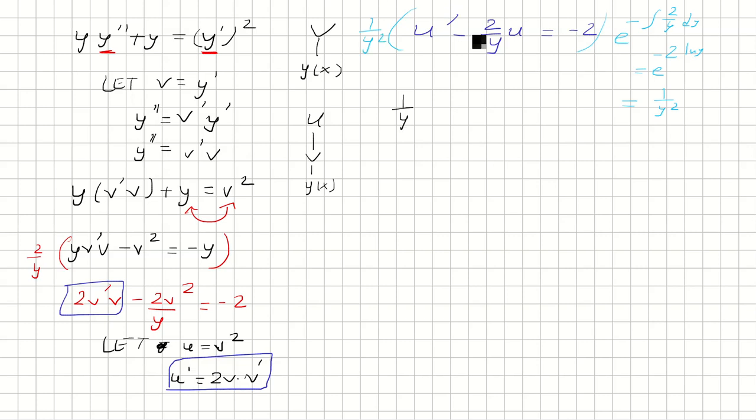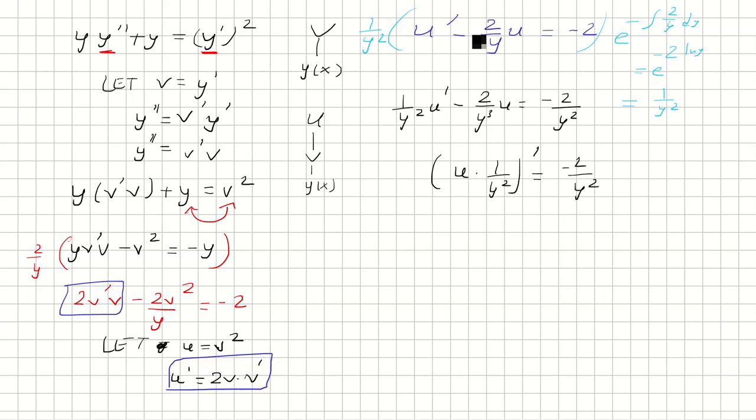So we have 1 over y squared u prime minus 2 over y cubed u, and then we can notice here that this is just u over y squared prime, because this is just the product rule of u times 1 over y squared. And then that's equal to negative 2 over y squared.